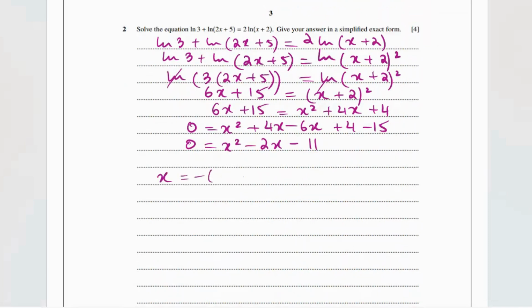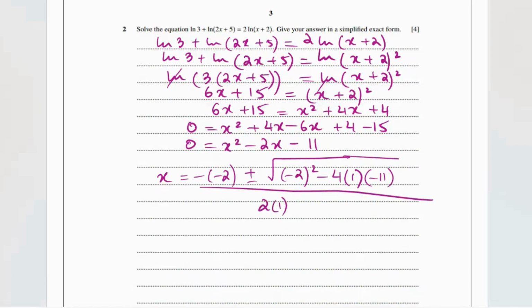x equals negative (negative 2) plus minus root of (negative 2) squared minus 4 times 1 times negative 11, over 2 times 1. So that's 2 plus minus root of 4 plus 44, over 2, which is 48.